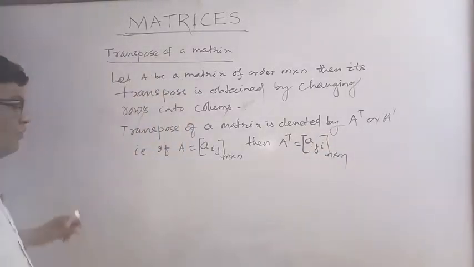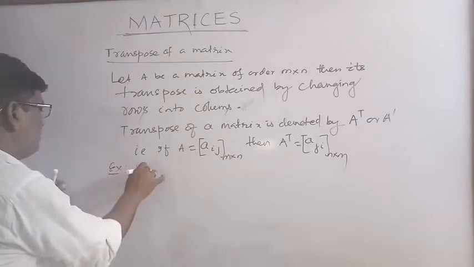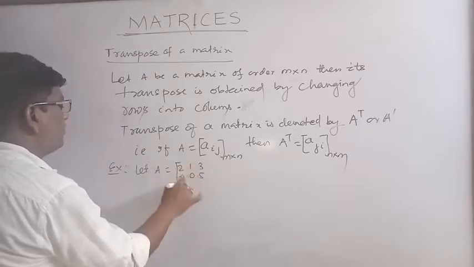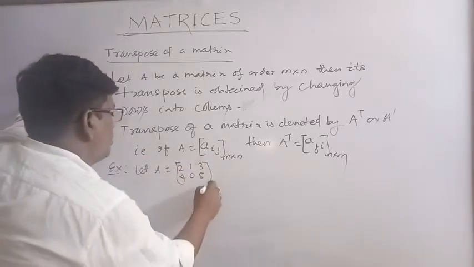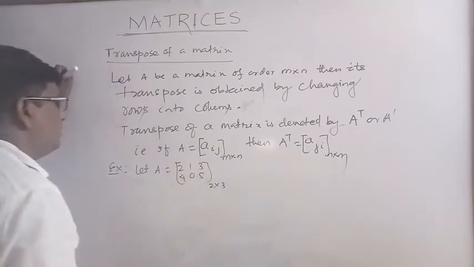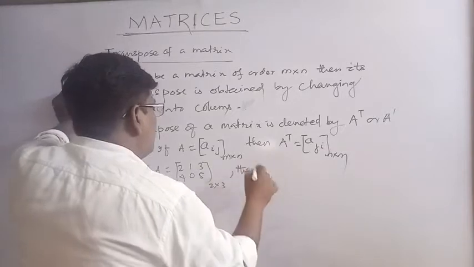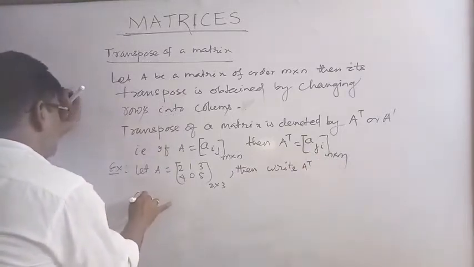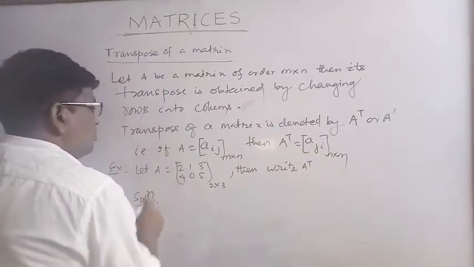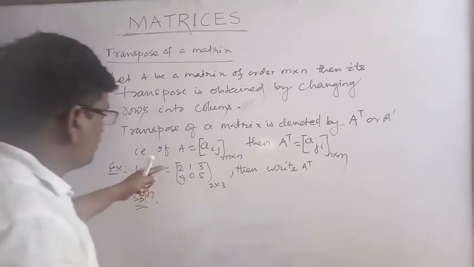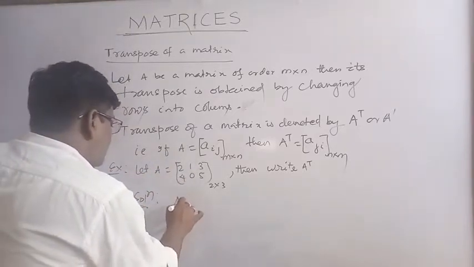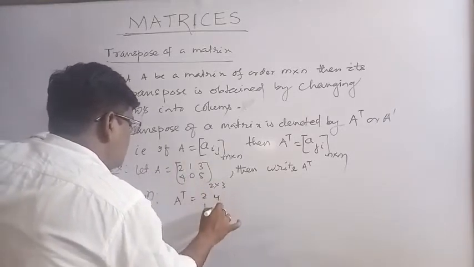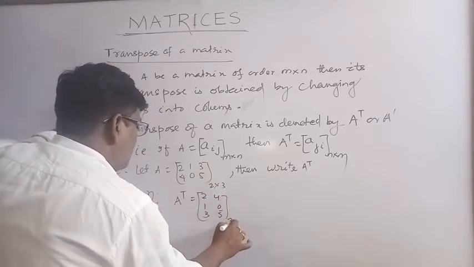For example, let A be equal to 2 1 3 and 4 0 5. The order here is 2 into 3. Write A transpose. Solution: transpose means change rows into columns. The first row is 2 1 3, so row 1 becomes column 1. A transpose is 2 1 3 and 4 0 5 as columns, whose order is 3 into 2.